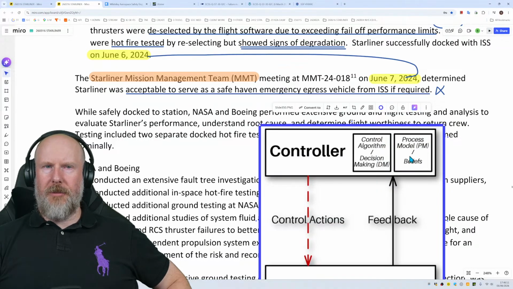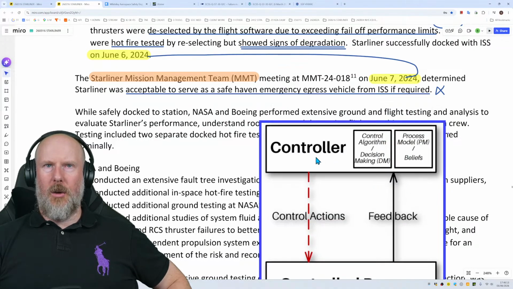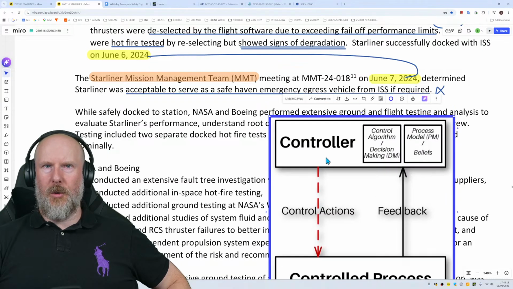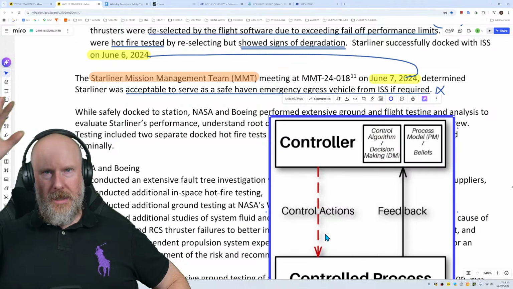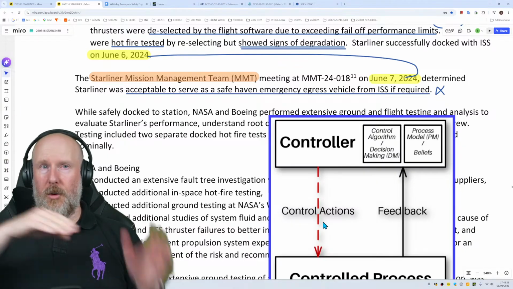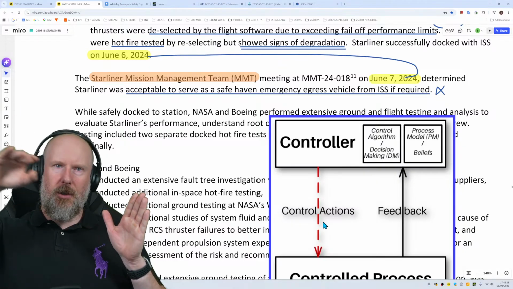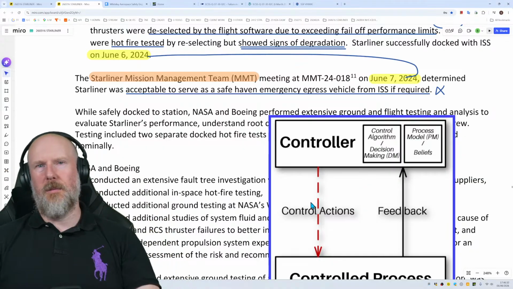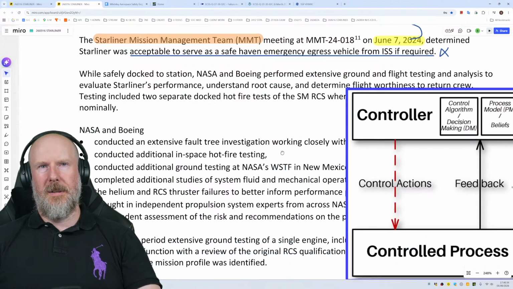What was the available feedback supporting those beliefs that would make sense to determine the Starliner was acceptable to serve as a safe haven emergency ingress vehicle, given all of these issues that went before? And not just the issues that went before, but how those issues were discovered over the timeline. Because there's more and more issues stacking up as the mission proceeds.